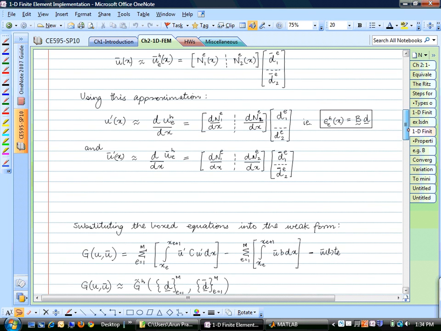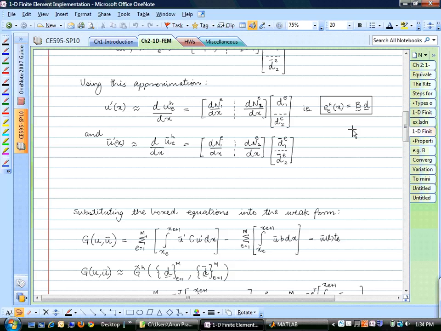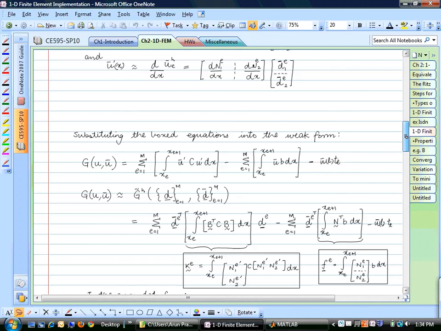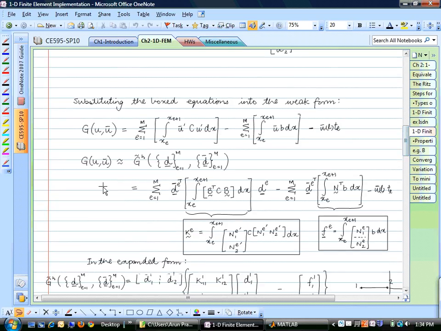So finally, all that you have to do is to substitute these two approximations back into your weak form, and if you do that, we saw that for each element... Now this was the original weak form that we had for the continuous problem, when we do not make any approximations.